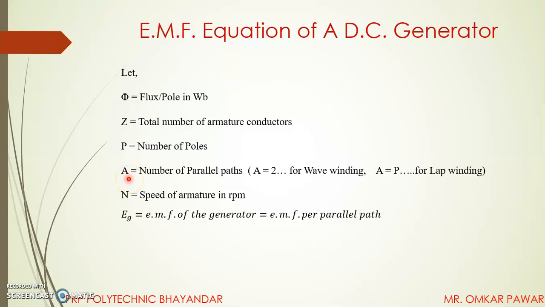Next is A, the number of parallel paths. For wave winding the number of parallel paths A is 2, and for lap winding the number of parallel paths is equal to the number of poles, that is A is equal to P. Next is N, the speed of the armature in RPM, and EG is the EMF of the generator or EMF per parallel path.